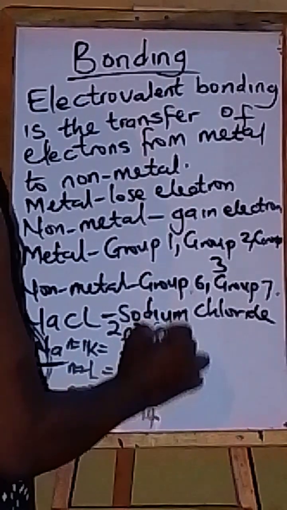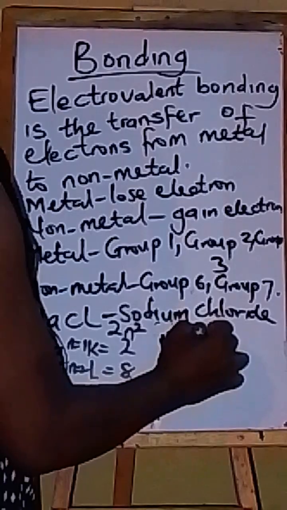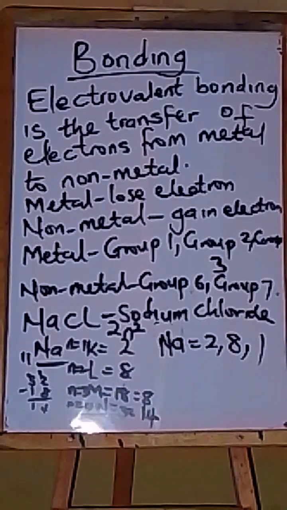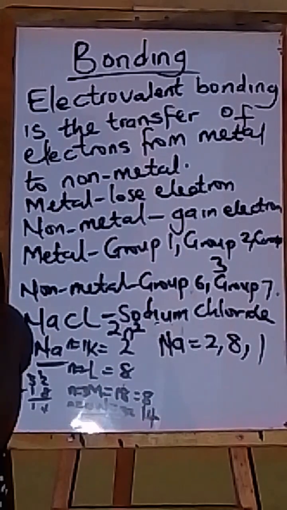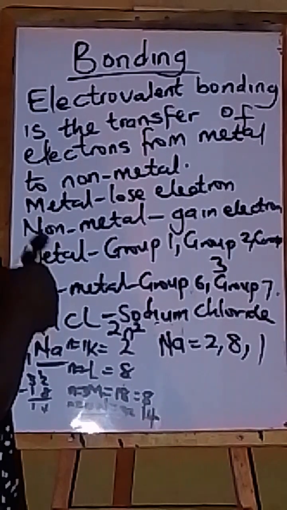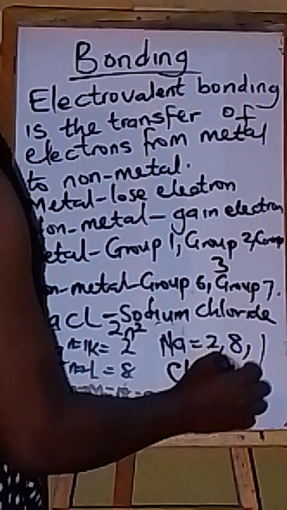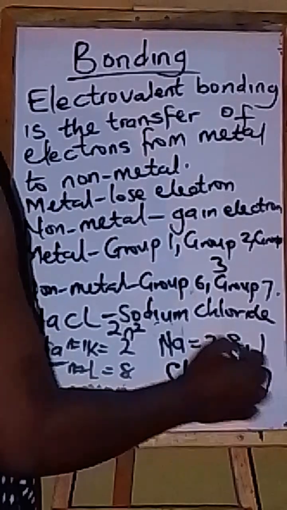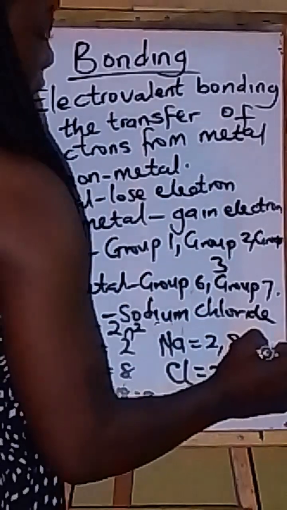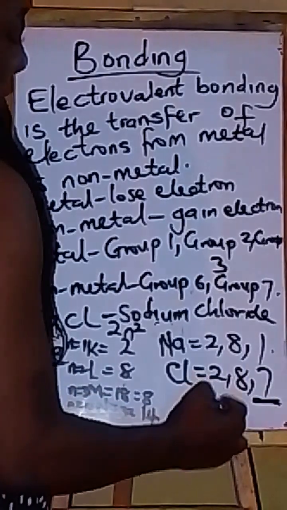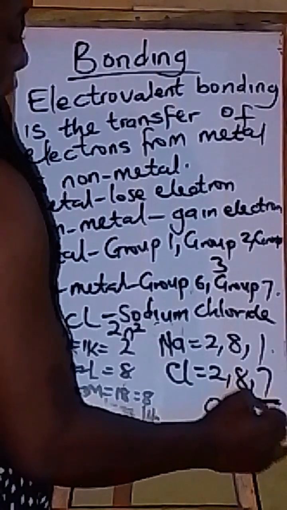So looking at sodium first. Sodium is Na, and that is 2, 8, 1. Cl is 2, 8, 7. So what happened? This needs 1 to attain an octet state.